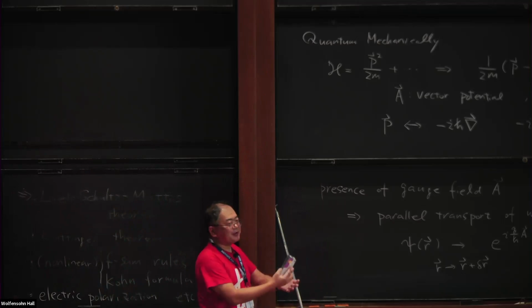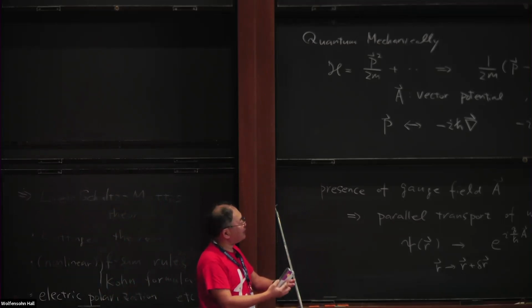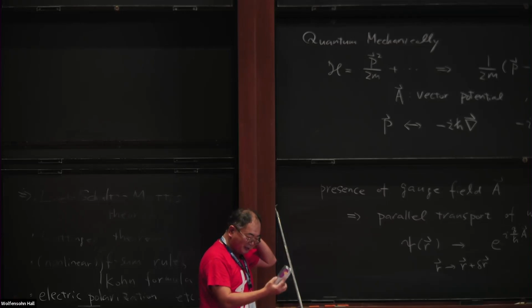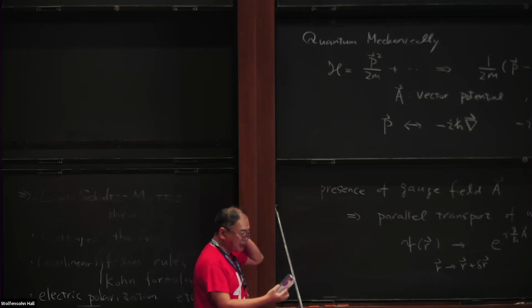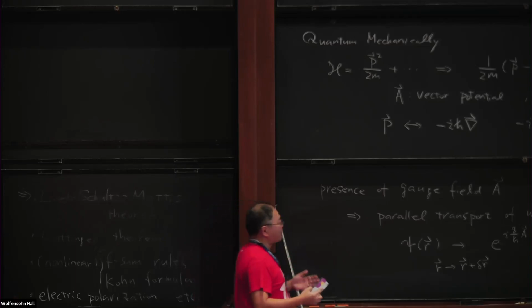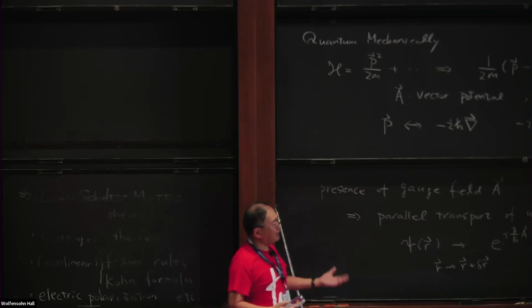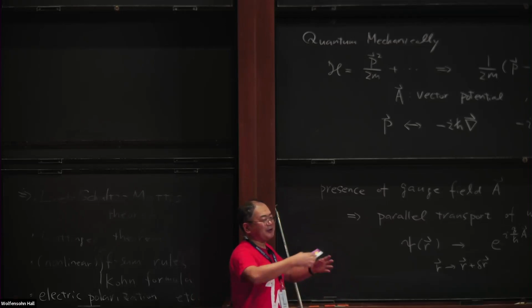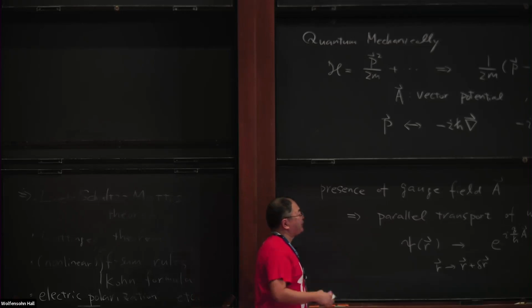If your magnetic flux is a fraction of the unit flux quantum, then you can detect this magnetic flux, which is actually experimentally done. But the integral multiple of the unit flux quantum, you can never detect if you just live on the two-dimensional system surrounding the hole.